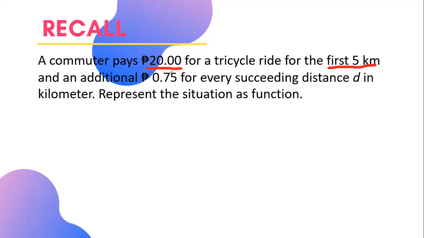The second formula is the basic fare, which is 20 pesos, plus an additional 75 centavos for every succeeding distance in excess of the 5 kilometers. So the first situation will be f of d, where d is the distance, equal to 20 pesos if d is greater than 0 but less than or equal to 5.